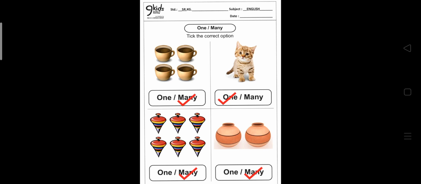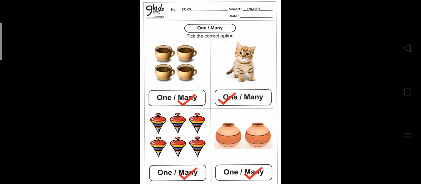In third picture, we can see some tops. Let's count the tops. 1, 2, 3, 4, 5, 6. There are 6 tops. Means they are more than one. So we have to take on many.